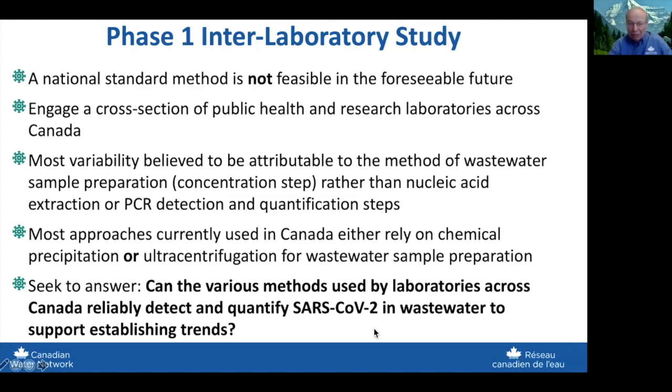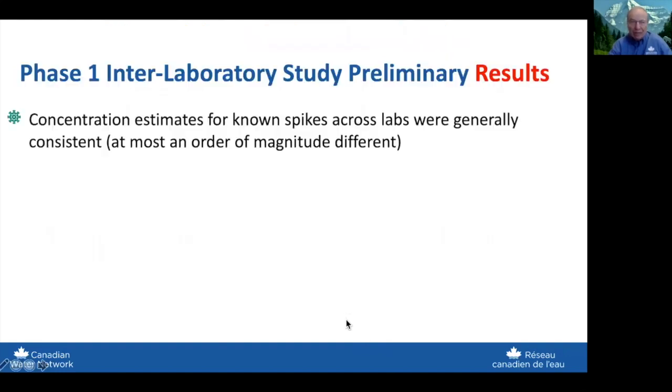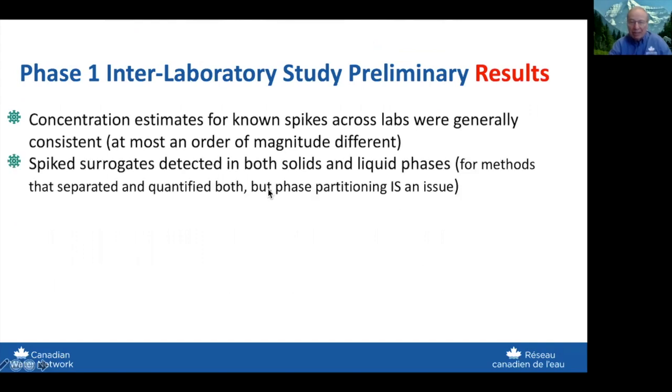Ultimately, we wanted to answer, can these various methods reliably detect and quantify SARS-CoV-2 in wastewater to support establishing trends? What we found in terms of results is that the concentration estimates for known spikes were generally consistent.